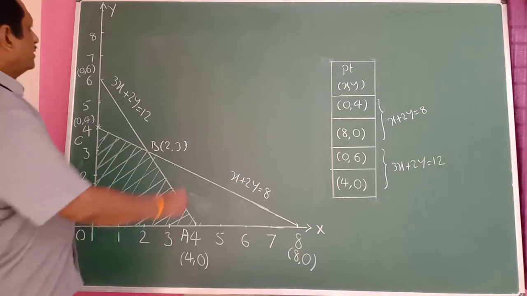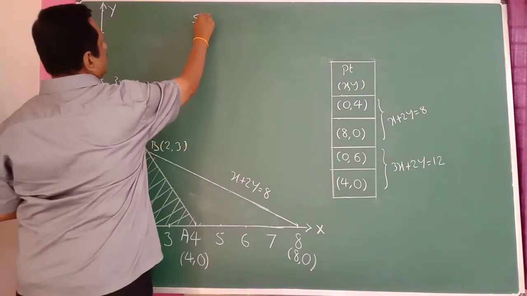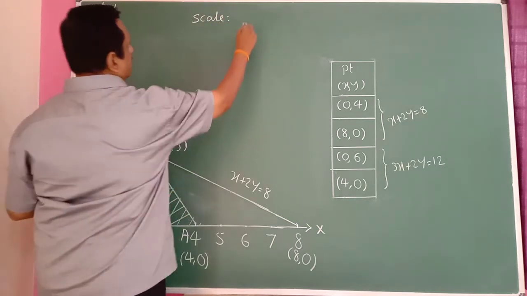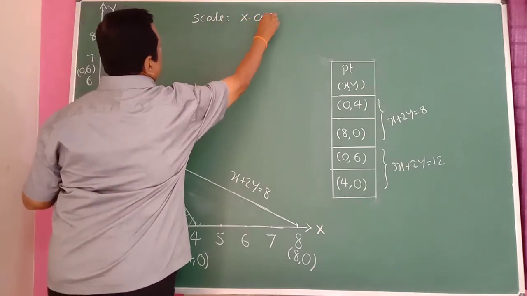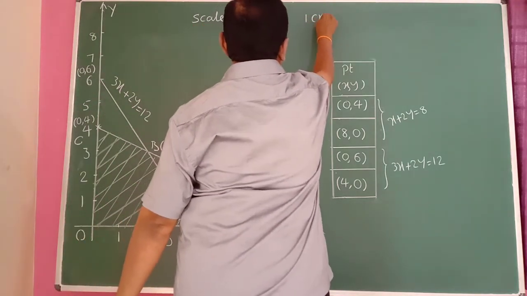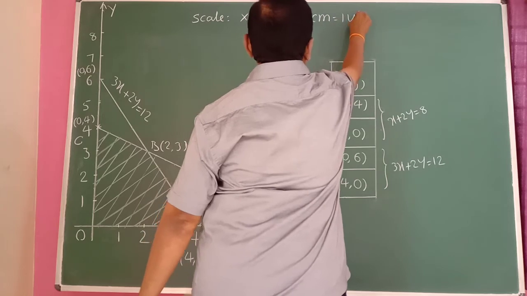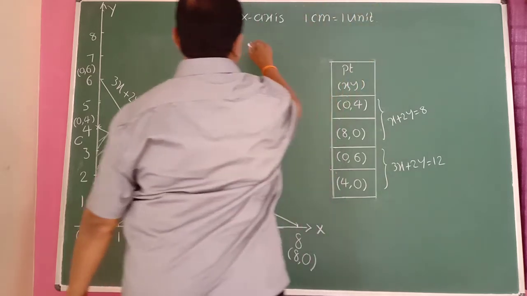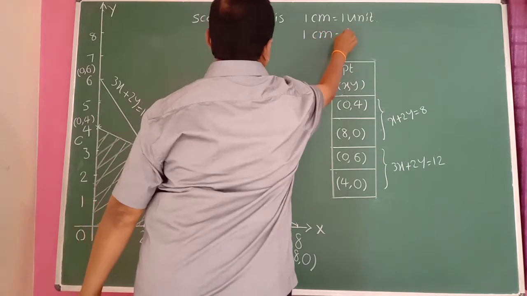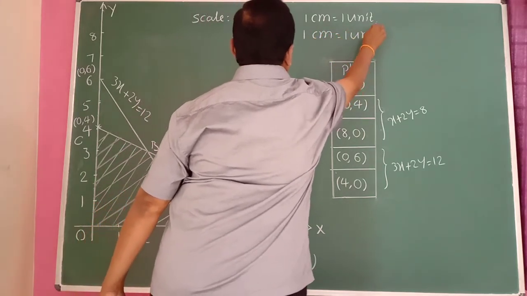Okay, therefore, for corner points, first you have to write the scale. That is important here. Scale. So on x axis 1 centimeter is equal to 1 unit, and on the y axis 1 centimeter is equal to 1 unit.